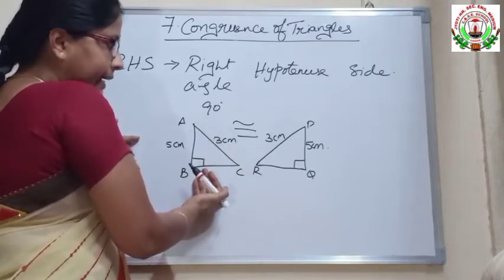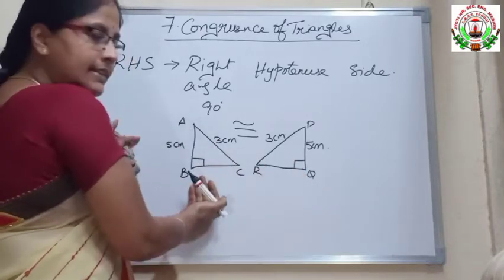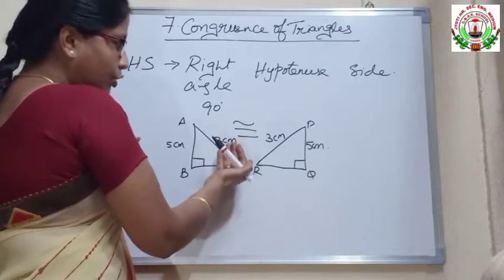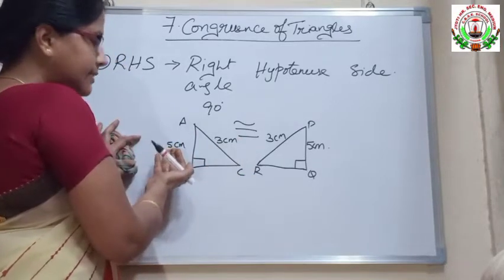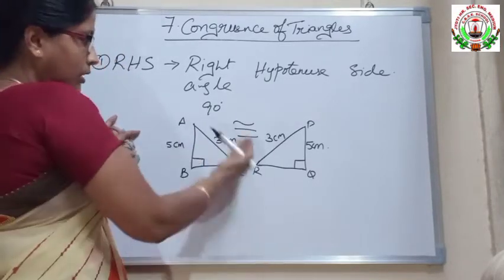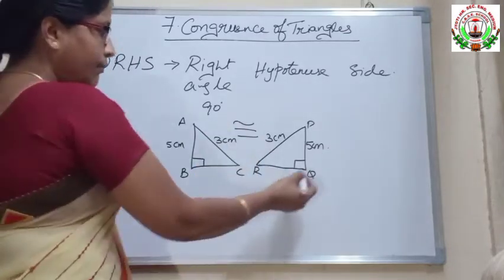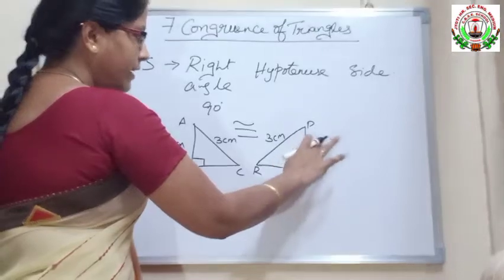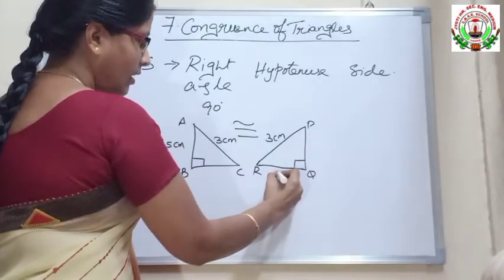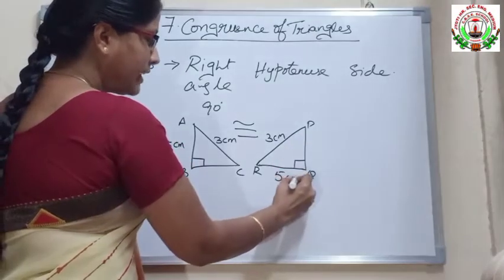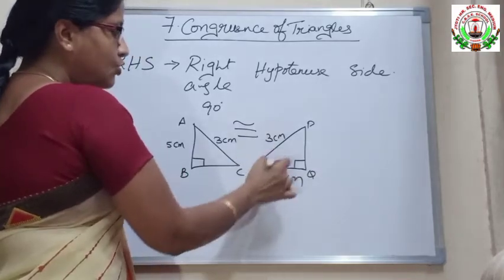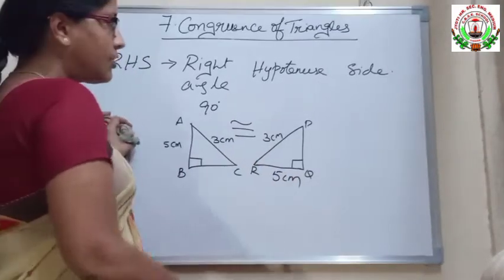It should be right angle for both the triangles. Hypotenuse should be same as well as the side. So these two triangles are congruent to each other. If it is not 5 here, if it is 5 centimeters here, then these two are not congruent to each other.